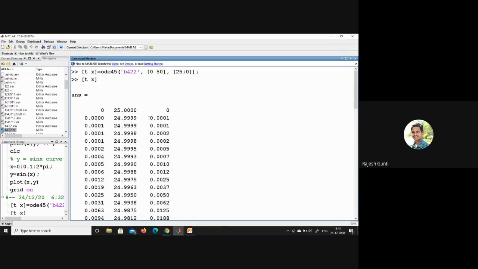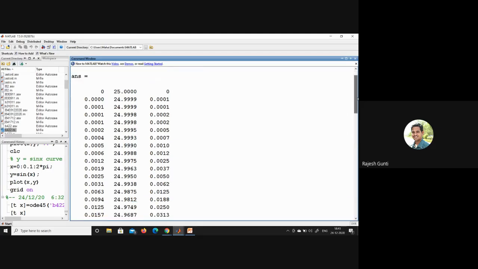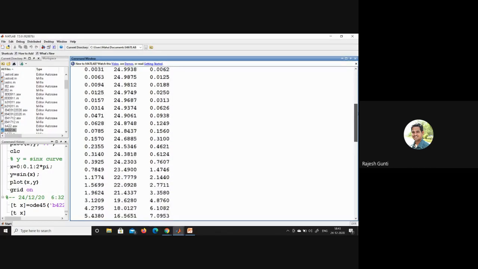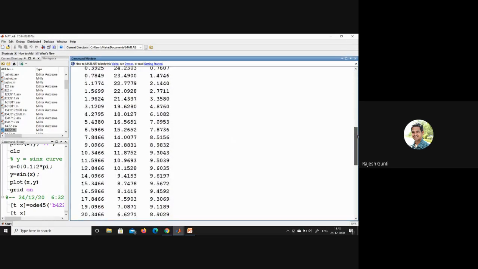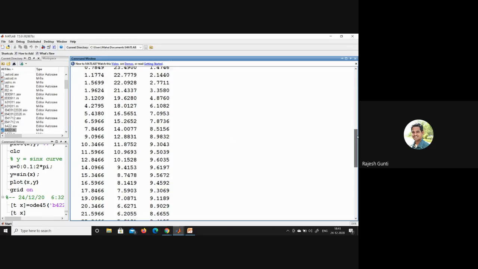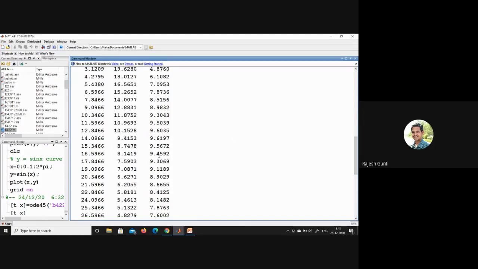You see this one, initially 25, the concentration is decreasing. Here the concentration is increasing. At a certain time, after 14 minutes, both the concentrations are the same. Then they start decreasing.